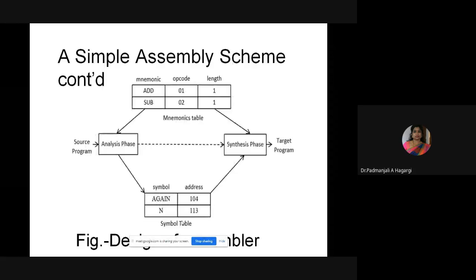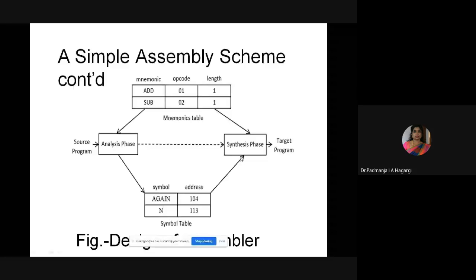So this is also a scheme which has several tables. Right from the analysis phase to the synthesis phase, I have shown you here only two tables, the literal table and the opcode table. At the end of the analysis phase, near the synthesis phase, you can observe those two tables.